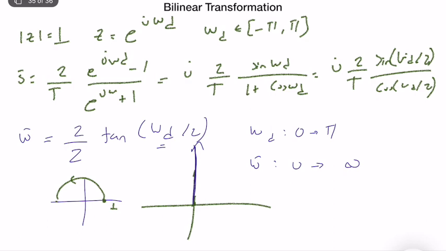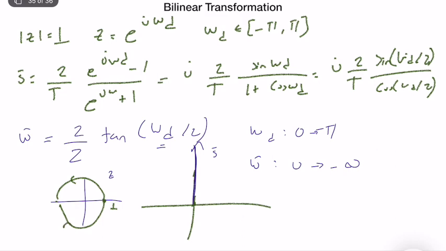So this is z, this is s bar. Technically the upper part of the unit circle is mapped to the positive imaginary axis. Similarly, if we look at, for example, 0 to minus pi, omega bar will go from 0 to minus infinity. So we will have a different thing.